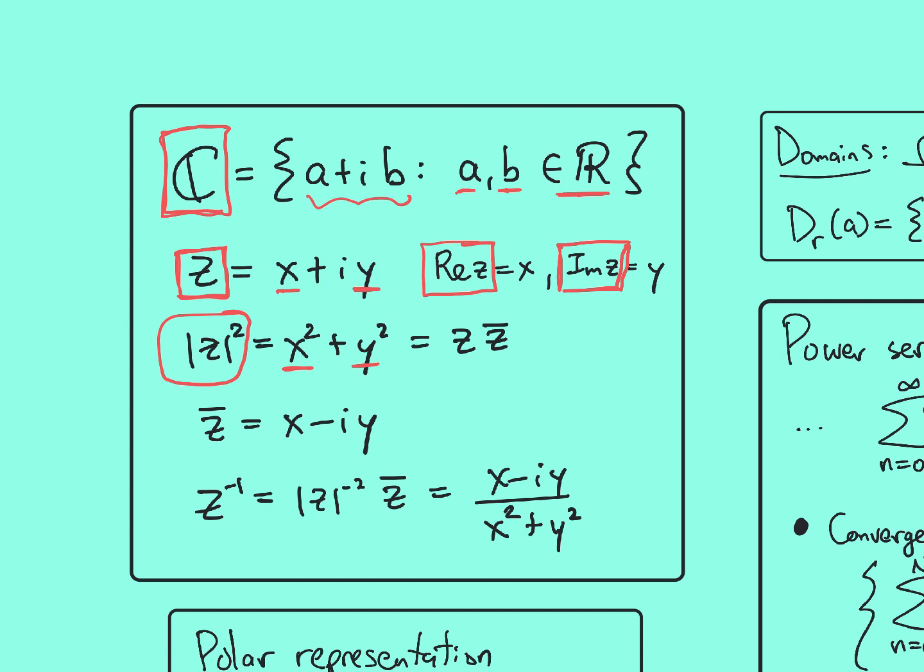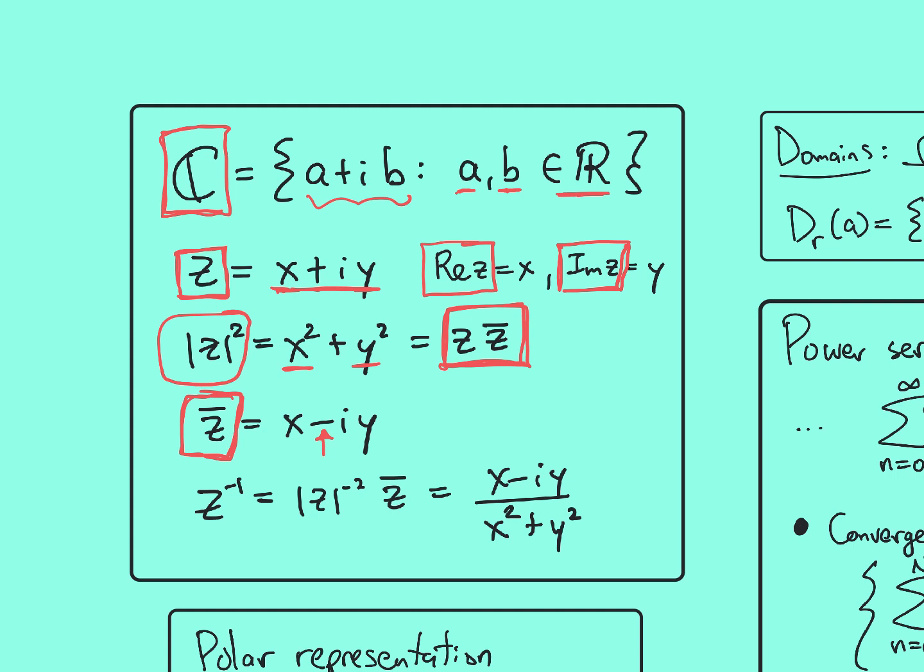But one important thing about complex numbers is that this can be expressed algebraically as z times z conjugate. And z conjugate is given here.